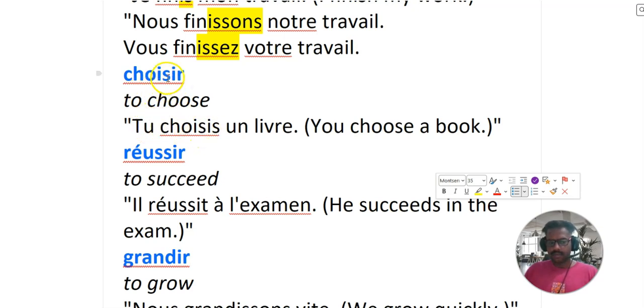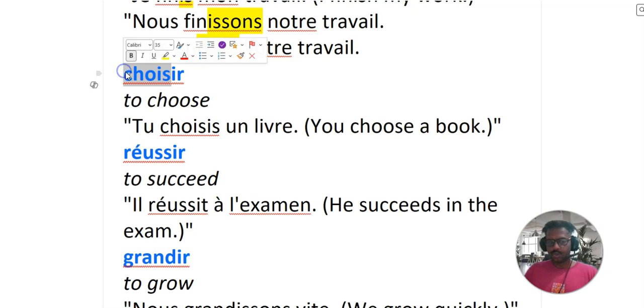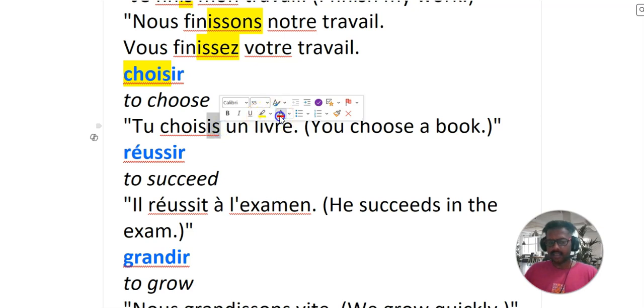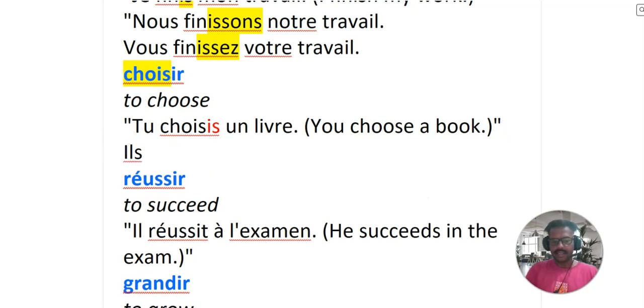Now let's take another verb, choisir. Same, the root is chois, and then the ending is ir. If we want to replace it with tu, we just add is. Tu choisis un livre. Same sentence with ils: ils choisissent un livre.